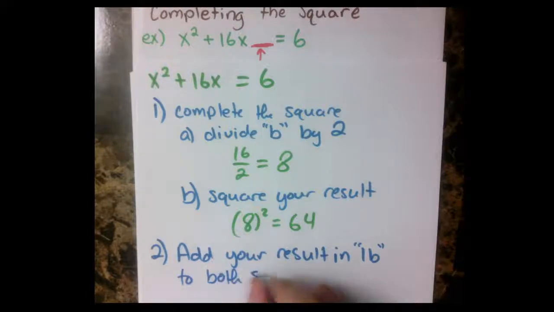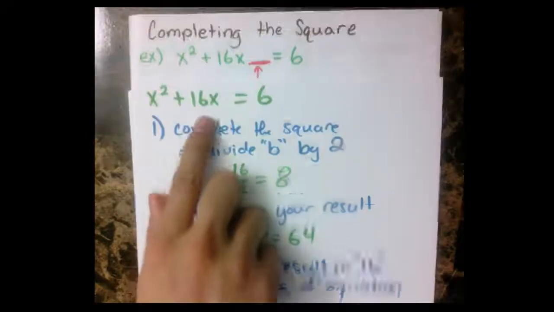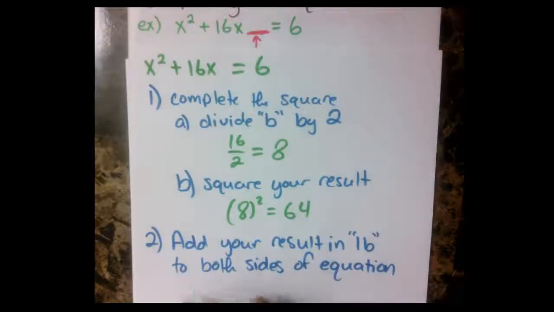Remember, this is an equation, and you guys should have learned this way back in like elementary school. But whatever you do to one side of the equation, both sides of equation, whatever you guys do in one side of the equation must be done to the other side. Okay, so I know that I need a 64 at the end of this equation here. So it's x squared plus 16x, and then I need to add 64.